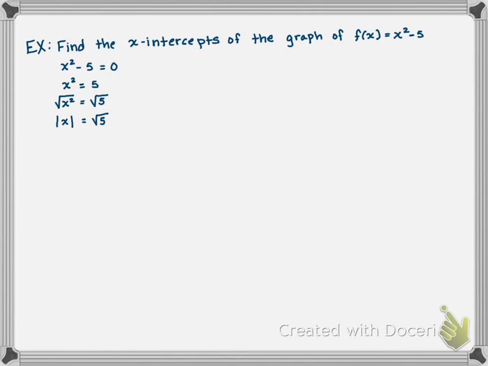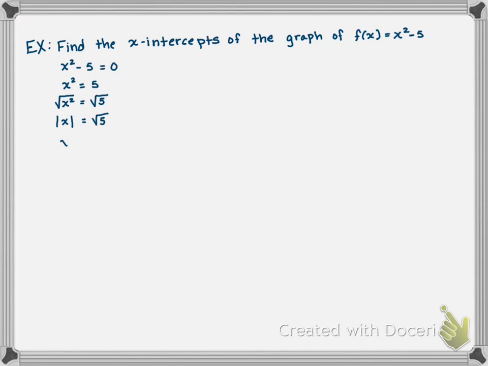And then what numbers have an absolute value of the square root of 5? It's always weird when it's a square root. What numbers have the absolute value of 2? Yeah, 2 and negative 2, right? The absolute value of 2 is 2, and the absolute value of negative 2 is also 2. So the same is true even if it's a square root.